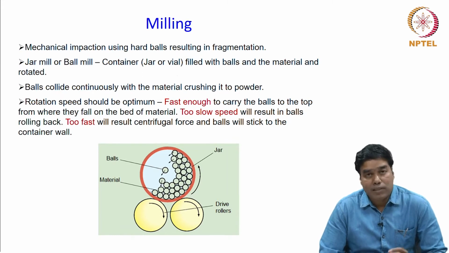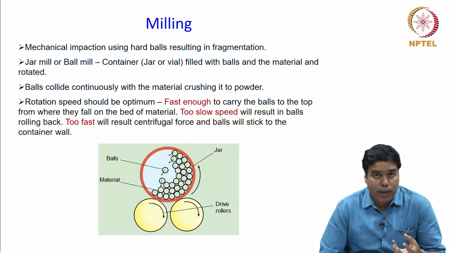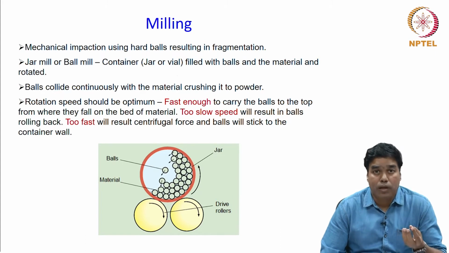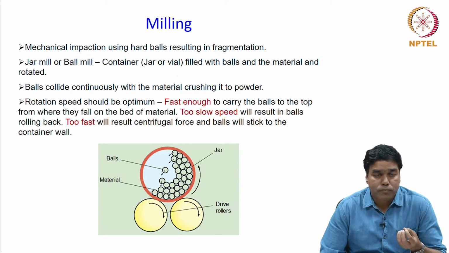Okay. For example, in case of milling, you can impact the starting material, which is much larger or much coarser in size, with hard balls or hard metal balls or hard balls made of any other materials which are very hard. So, with the help of those balls, you can impact the material and you can fragment it.